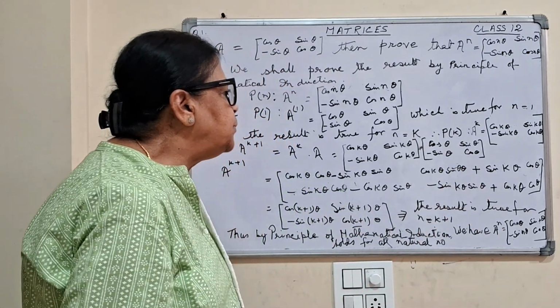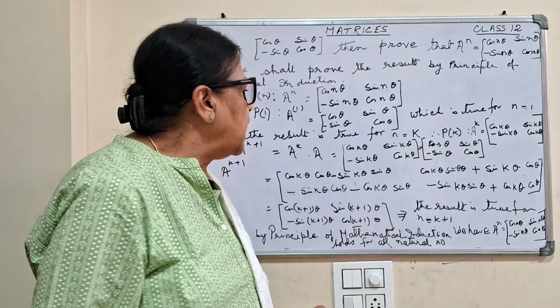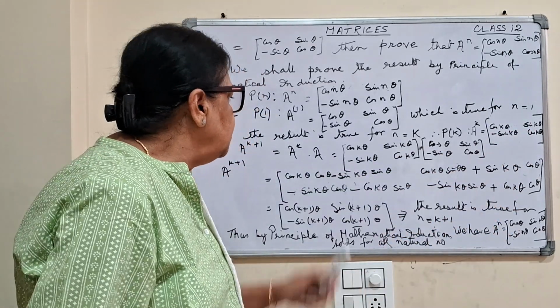I have multiplied with the rule of matrices, that is 2 by 2 is always eligible for multiplying with 2 by 2.